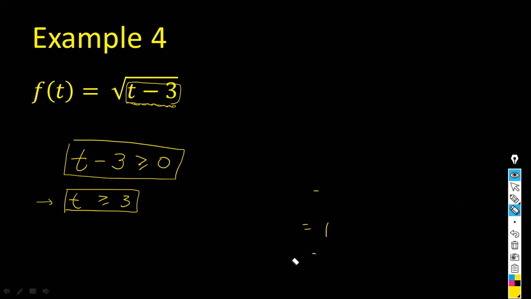So let's write the final answer. What is the domain of f? The domain of f is all the real numbers. You can give it anything you want except those numbers that do not stick to this requirement. All those numbers that do not satisfy this requirement.